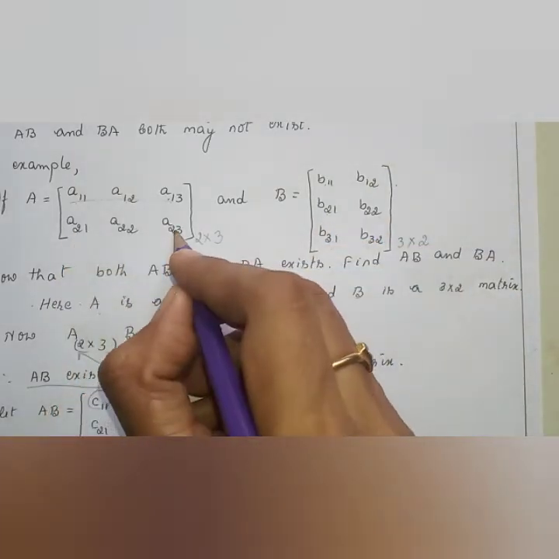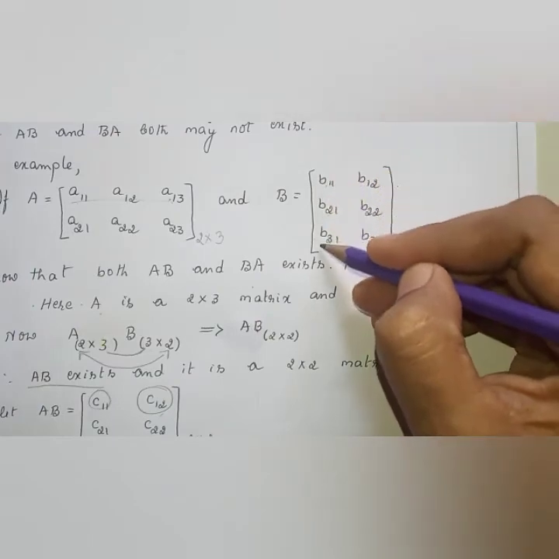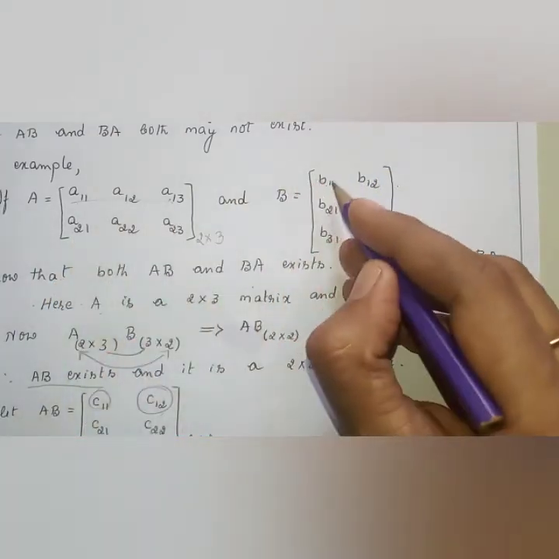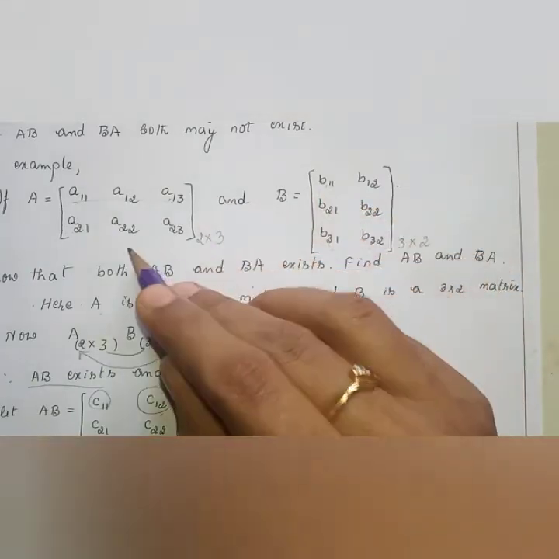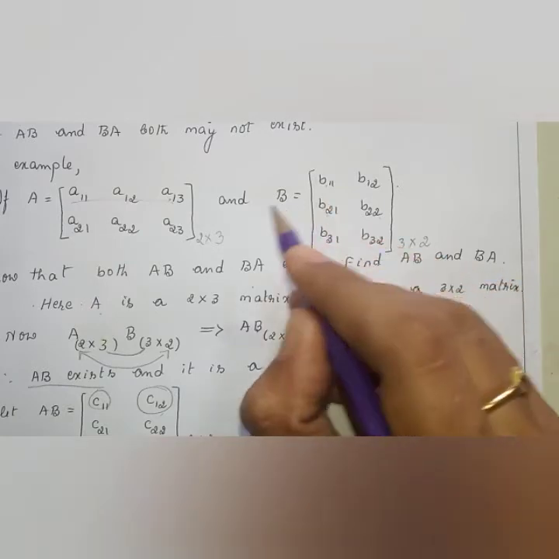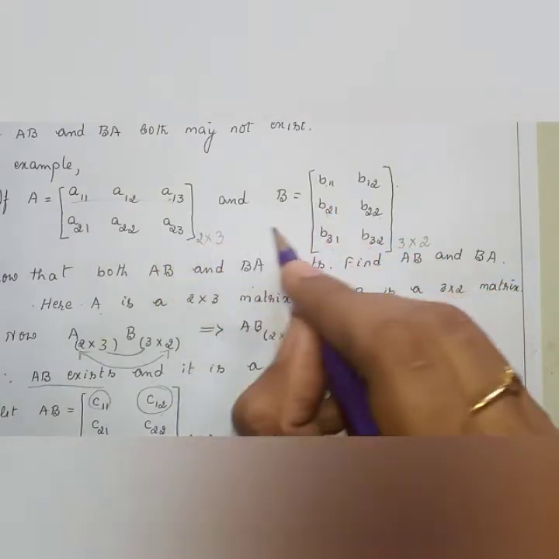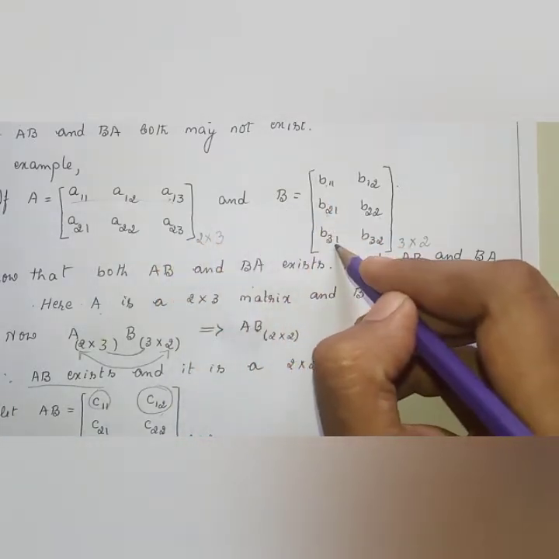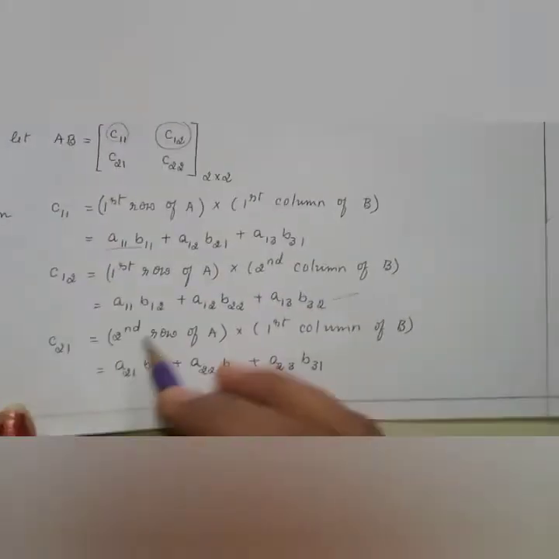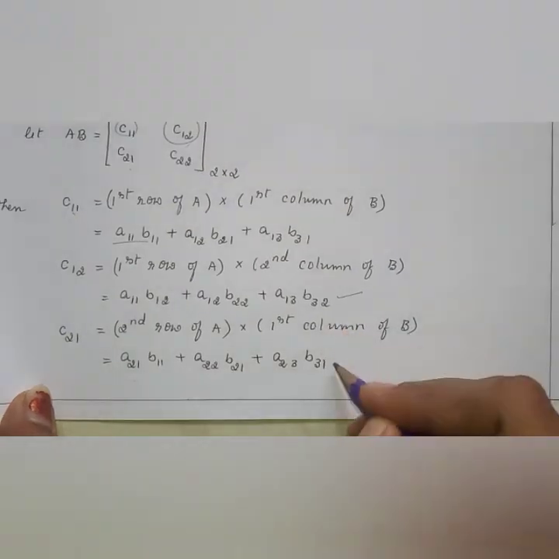Second row of A with first column of B. That is A21 into B11 plus A22 into B21 plus A23 into B31. That is C21.